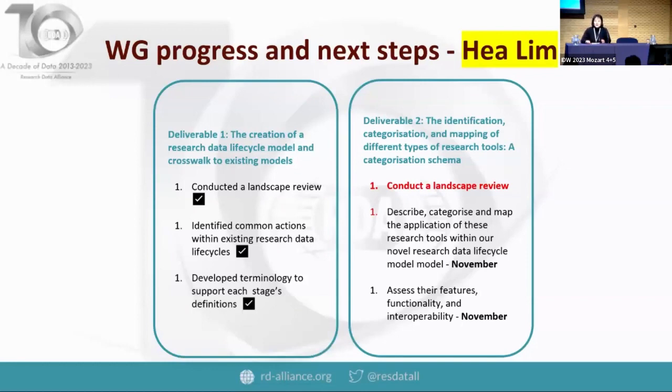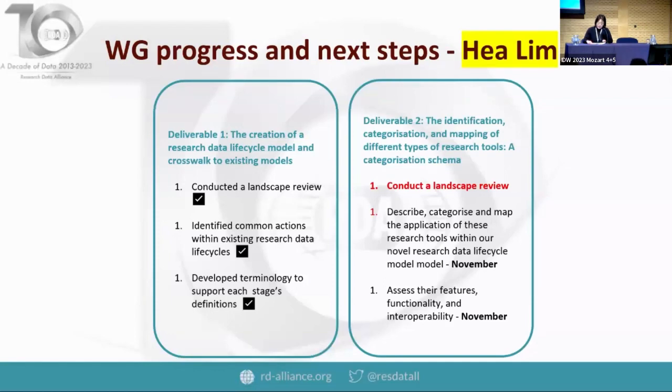I'll be talking you through the 2 deliverables we've been working on recently. The first of these is the creation of a research data lifecycle model, which we have connected to existing models. Much of this work has already been completed.